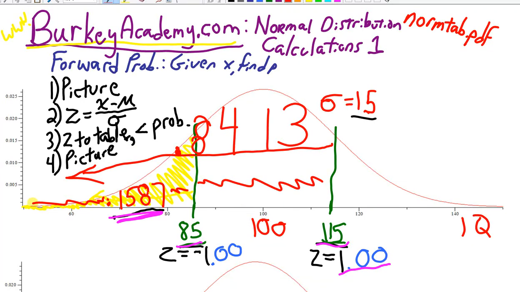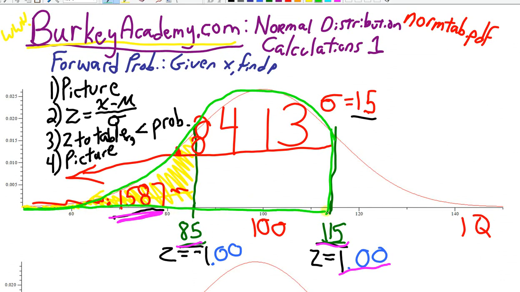So if we want to figure out how much is in the middle, how could we do that? Well, the way I picture doing this, let me use green here, is the 0.8413 is the probability of having an IQ less than 115. That's all this area on the left. What we really want to do is chop off this area on this side. We want to chop off or subtract off that 16% almost that's right down there.